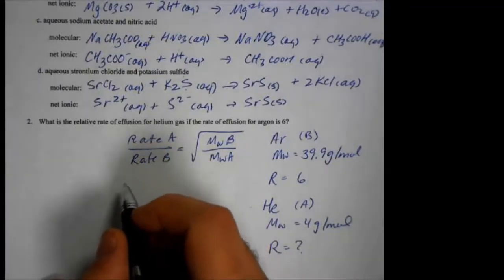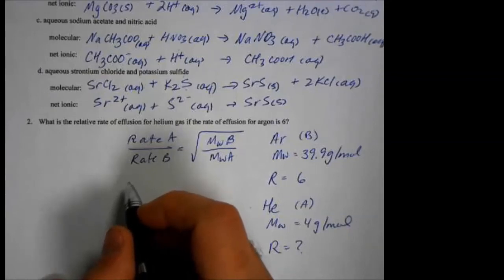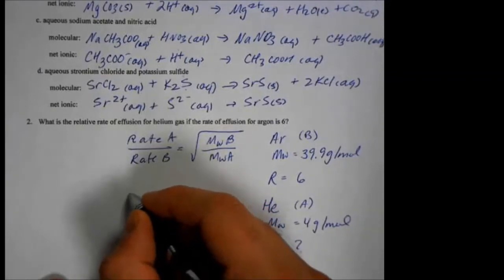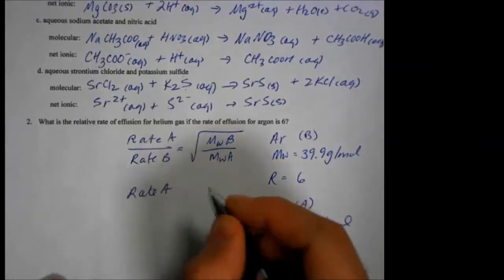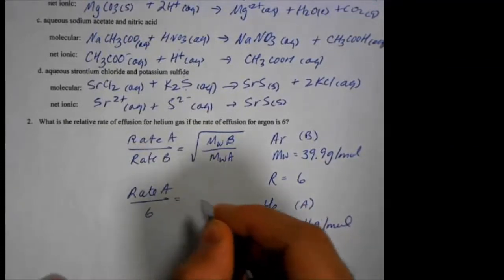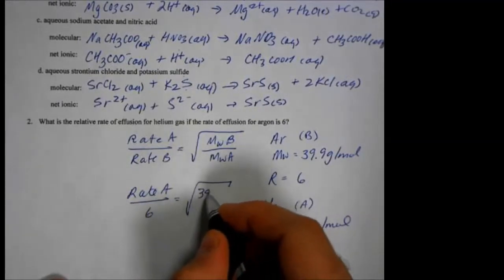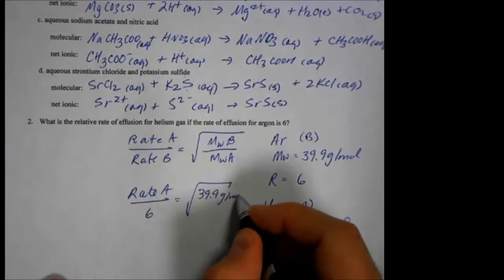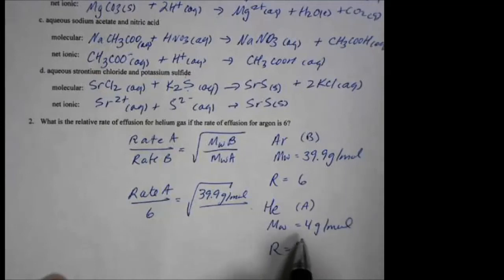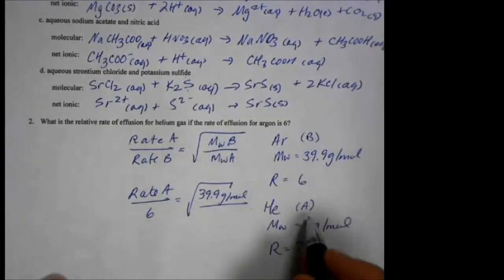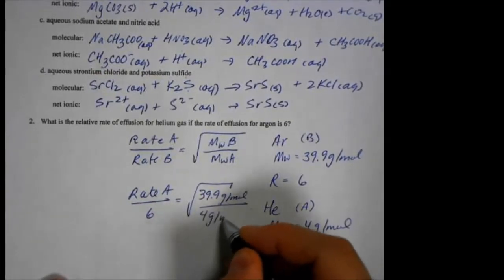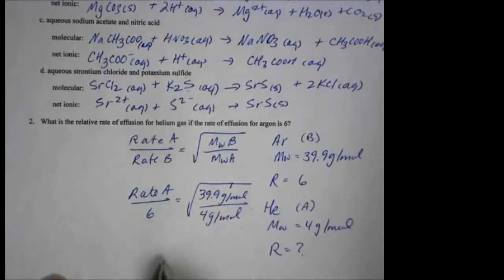If we follow that pattern, we can say rate A, which is the thing we don't know, divided by 6 is going to equal the square root of the molecular weight of B, which is 39.9 grams per mole, divided by the molecular weight of A, which is 4 grams per mole. Now, here you can see why I selected it this way.